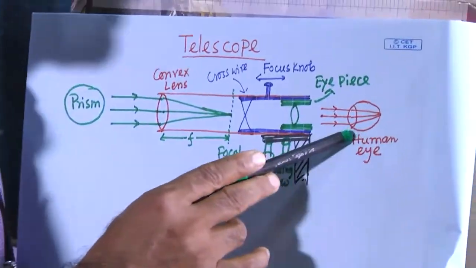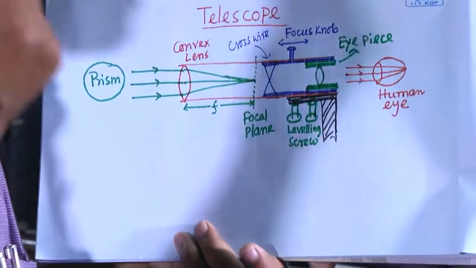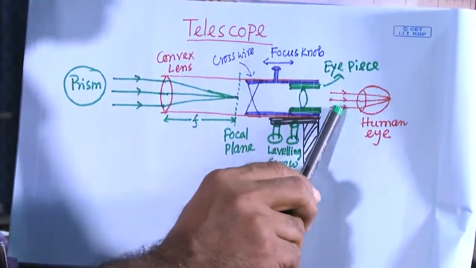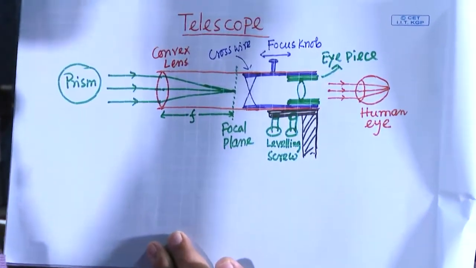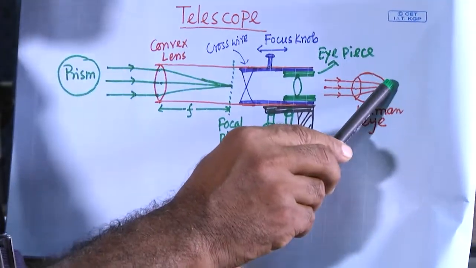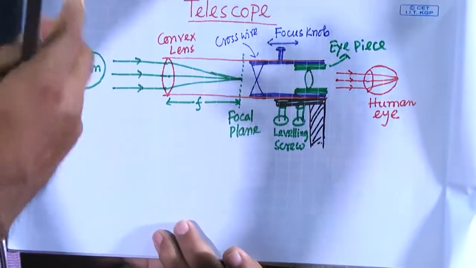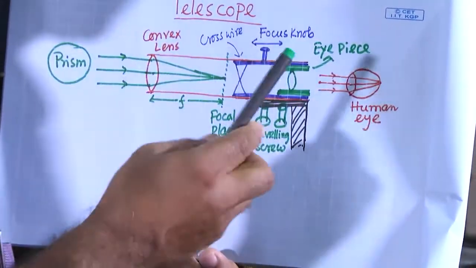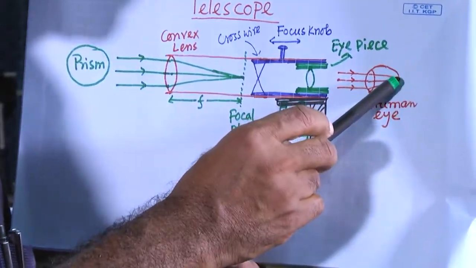Actually in our eye all the time parallel rays come, and we have a lens in our eye, and they will converge on the retina. There the image is formed. Then our brain functions to see this image. Okay.